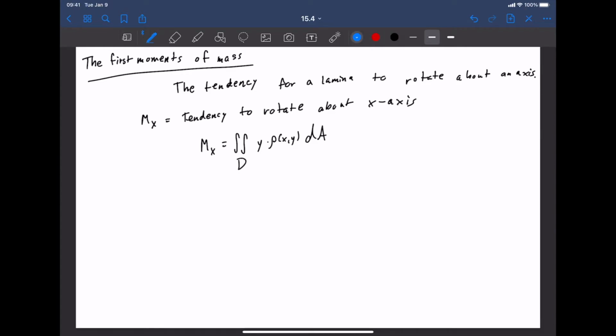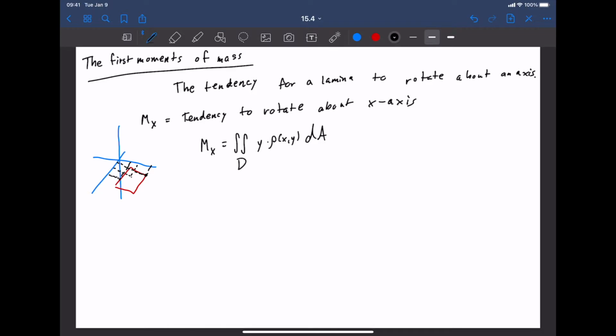If I had a 3D coordinate system and a rectangle floating out here, we're going to do an example just like this. If I want to measure its tendency to rotate about the x-axis, we want to think about how these distances are going to affect the rotation. And surely each of these distances can be best measured by the y coordinates.